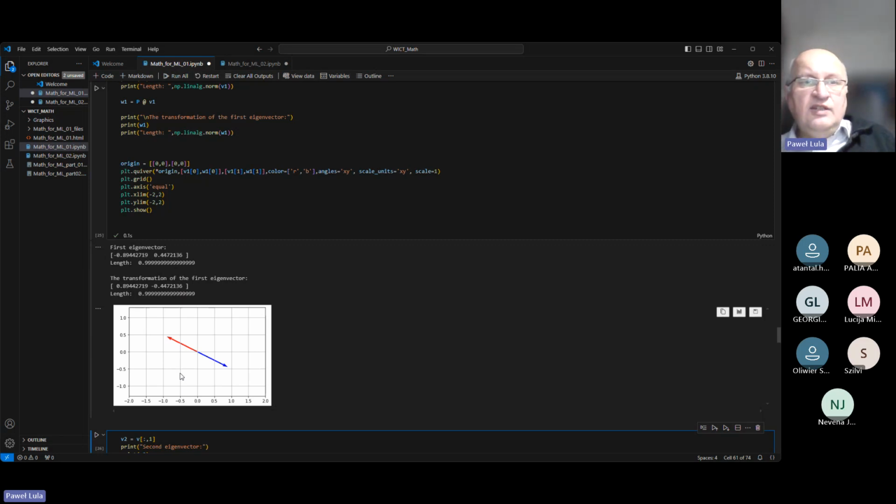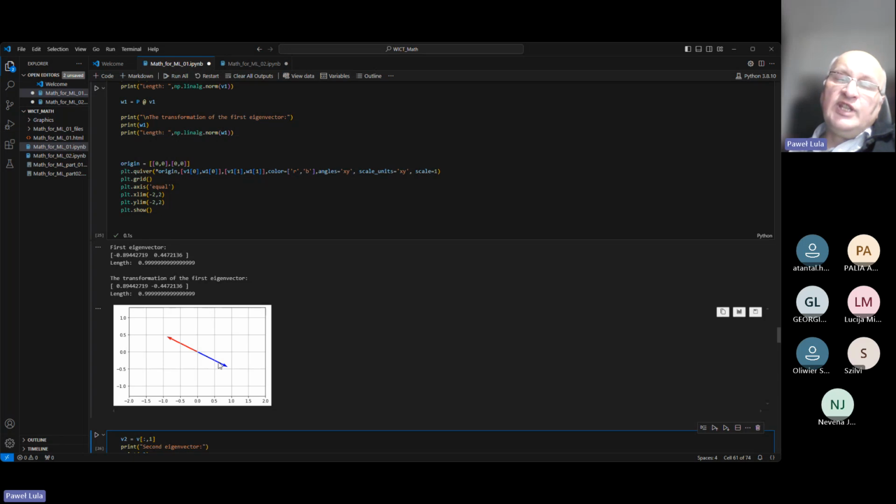Eigenvalues inform us about the relationship between the lengths of an eigenvector and its transformation, which was defined in the matrix A. So here, the length was the same, but the heads of these arrows are directed in opposite sides.